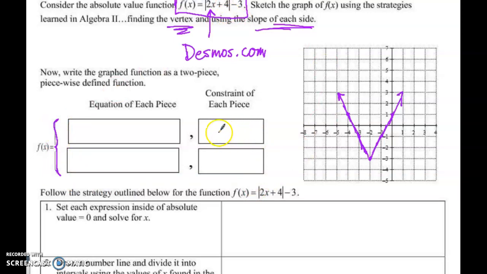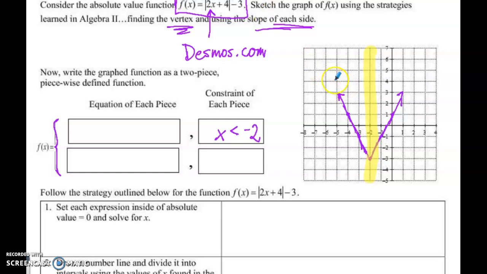So we usually read this left to right. So you would want to write x, the x value that is less than -2. I guess maybe I'll use a highlighter to show you what I'm talking about. We have two pieces, a line that's to the left of -2, that's what I'm trying to highlight there, and a line that's to the right of -2.